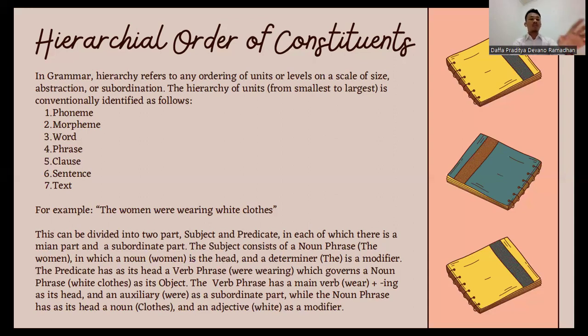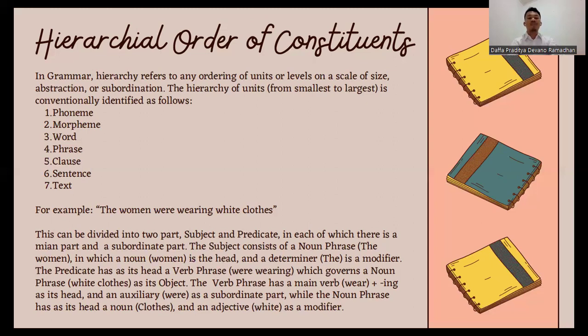From this hierarchy we can have a better understanding about what a hierarchical order is and what we're supposed to do on each level of the hierarchy that exists. For example, these sentences in syntax: the women were wearing white clothes.